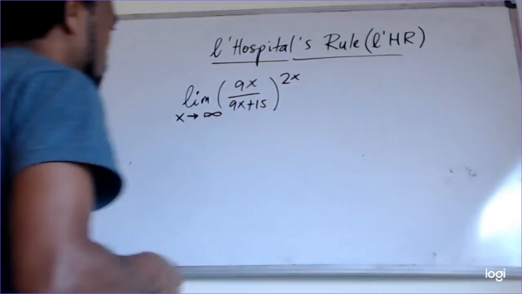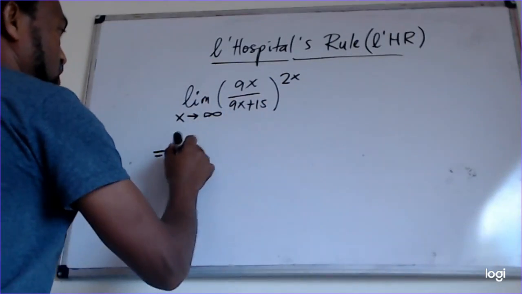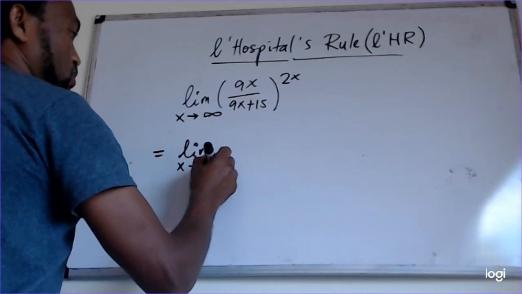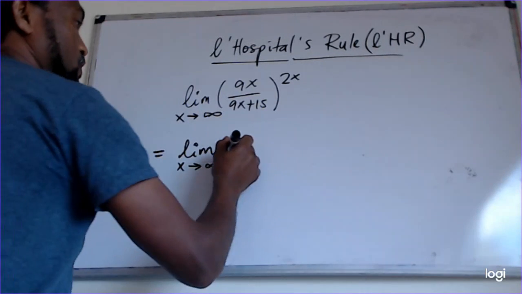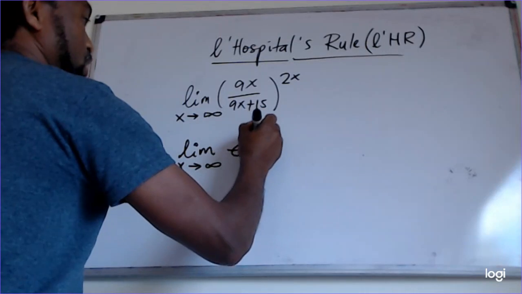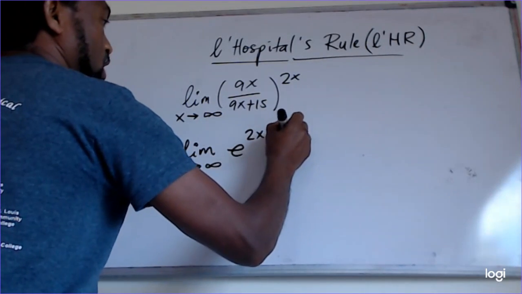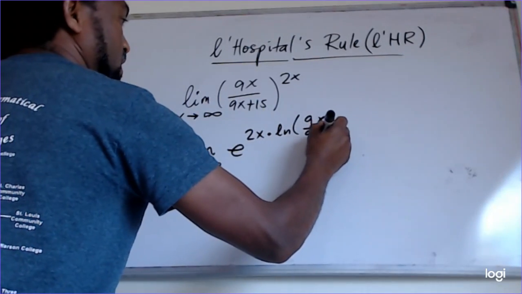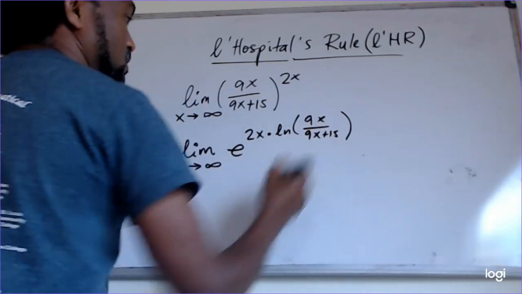So if I apply this very powerful property to this one, I'm going to have my limit look like this. This will be the limit as x approaches infinity of e to the power of 2x times natural log of the base 9x divided by 9x plus 15. Okay?